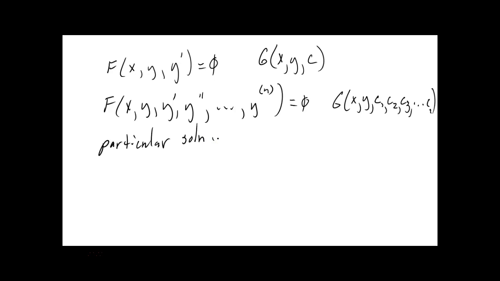Now, let me back off. Remember that equation that gave you 1 over x as a solution, but the trivial solution, 0, would also be a solution to it. That would be a particular solution. It had no parameters dealing with it.